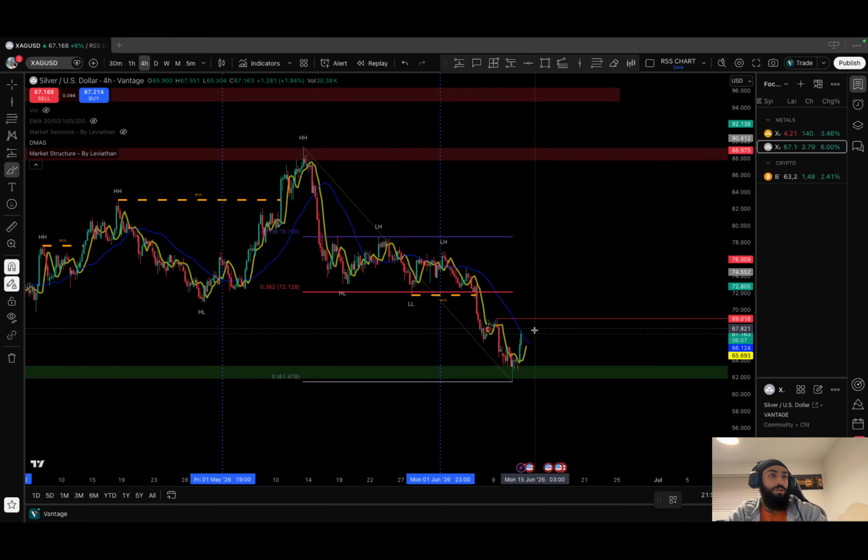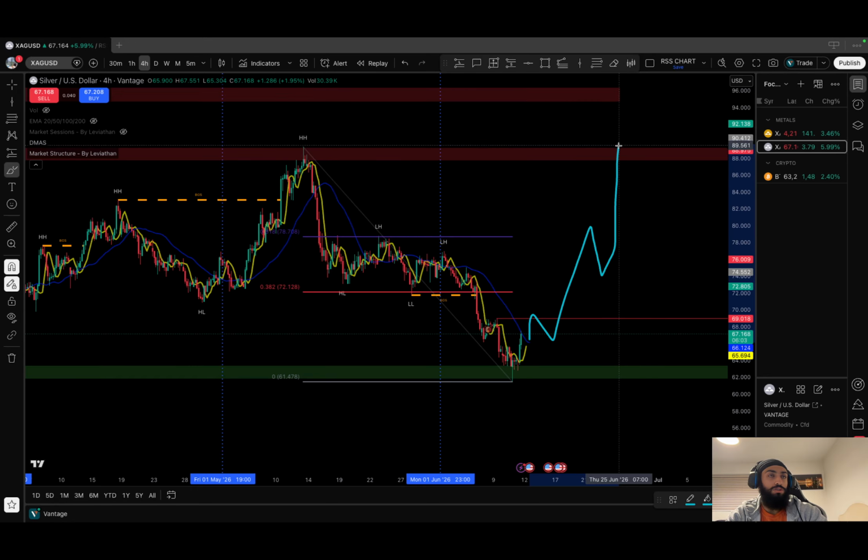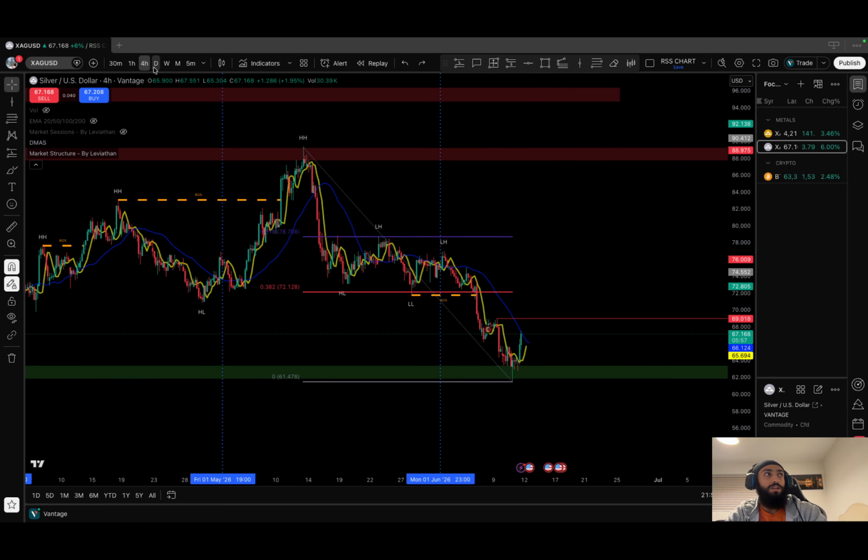So say we get a test, a break and a push, test, break and a push, test, break and a push, that kind of price action could lead to a continuation, right?